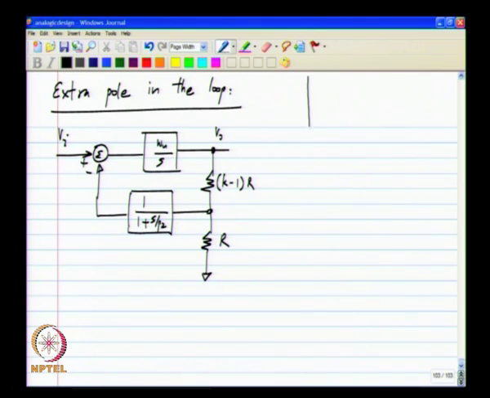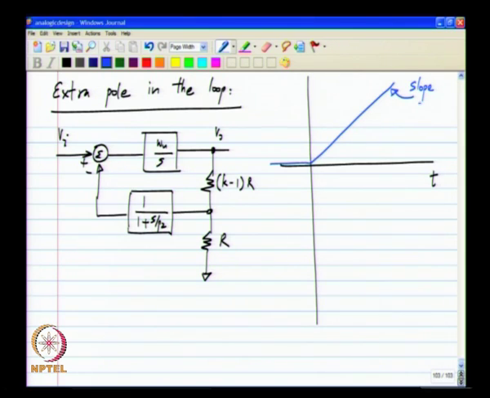So, the first thing is we see that the step response of the loop gain without this extra pole will be a ramp whose slope is omega u by k or omega u loop.